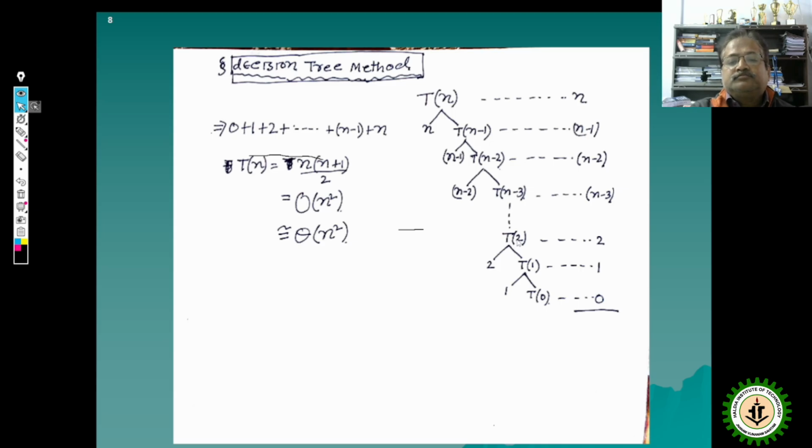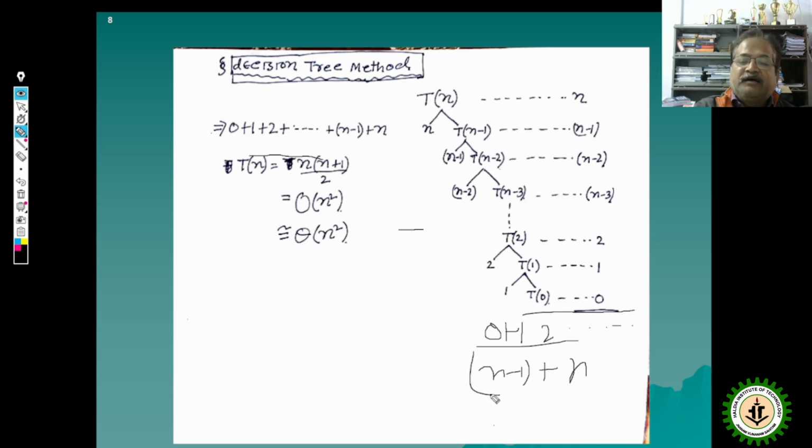T(2), T(1), T(0), end. Now if we calculate the totality of this one, what we will get? We will get 0, then 1, 2, 3, 4, 5, 6, 7, 8, 9, 10 up to n minus 1 plus n.